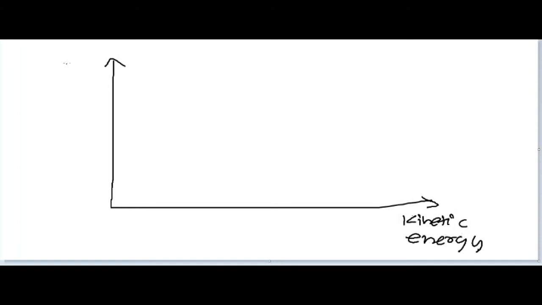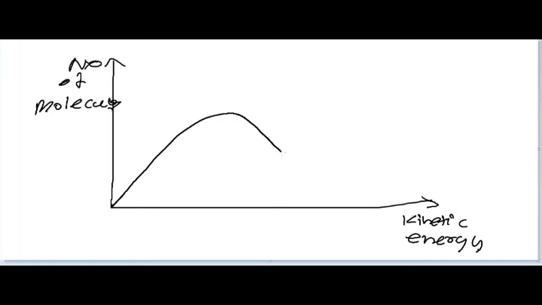In your tute you have to draw this graph also, and here the number of molecules or molecule fraction. You just remember the graph starts from 0 and goes like this, not touching the axis.